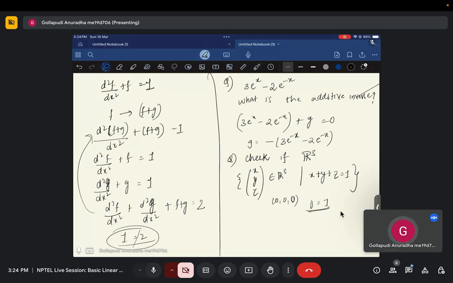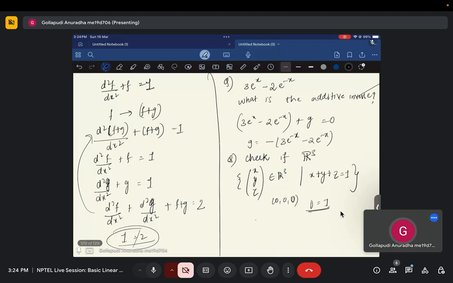And even if you check the additive inverse, then if you just do x1 plus x2, y1 plus y2 and z1 plus z2. Okay, so let's do it this way.